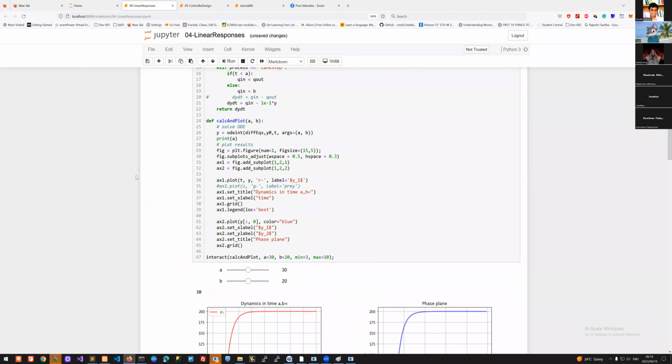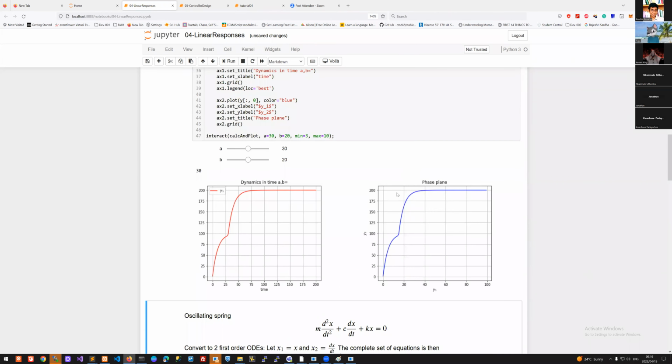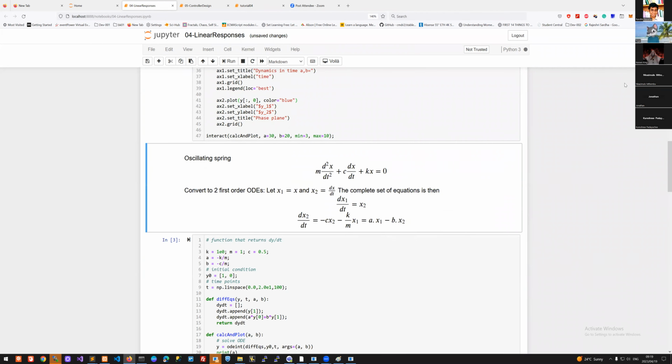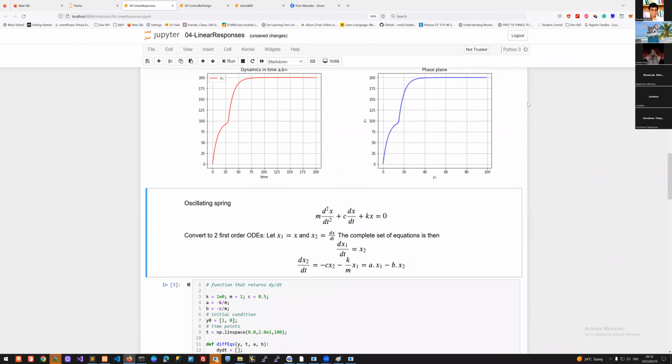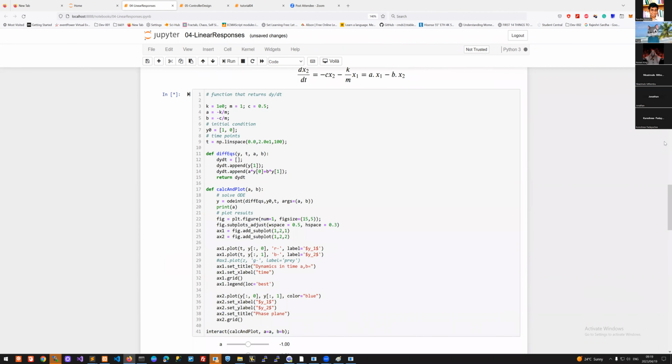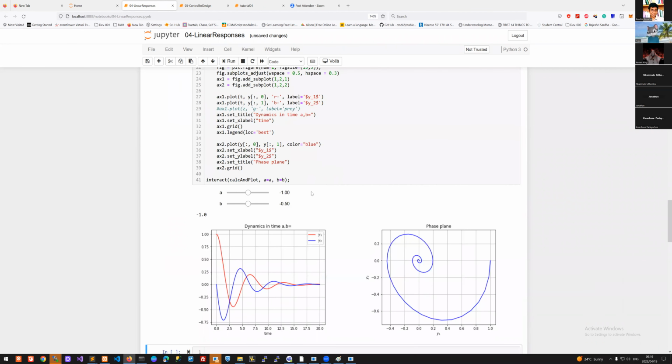Here's one with a tank step, but this was just the first order case. Here's a second order case. And here you can see the oscillations.